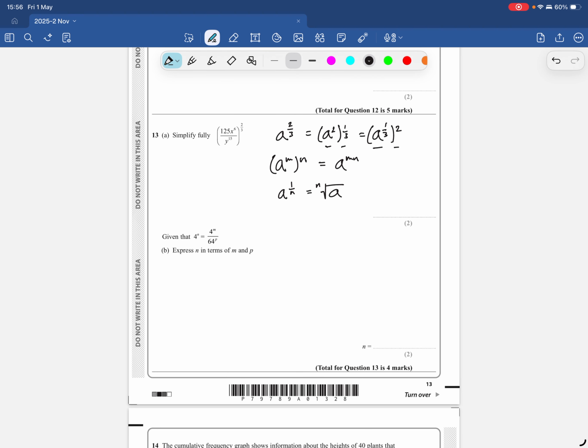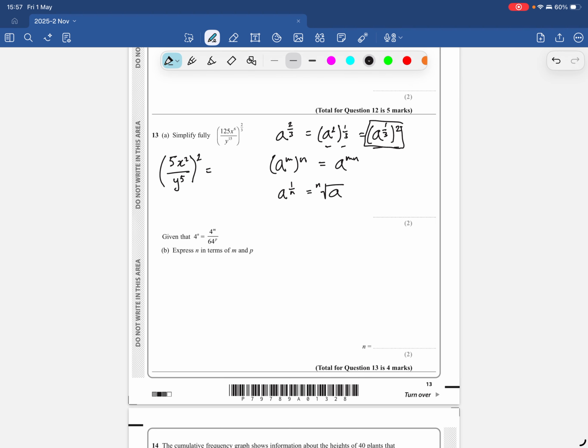Better, I think, is to take the cube root first. So we'll choose this one. The cube root of 125 is 5. The cube root of x to the 6 is x squared. The cube root of y to the 15 is y to the 5. And then we need to square this.